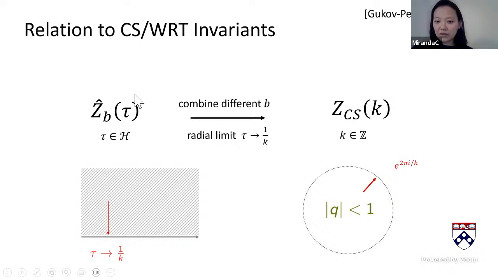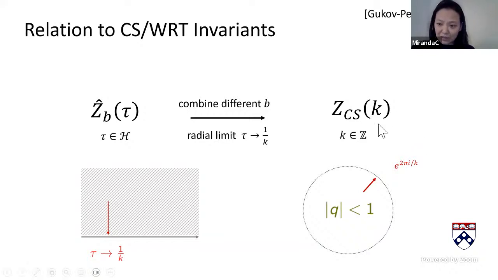Namely, the variable tau for the half index, which we'll call the z hat invariants, should approach 1 over k, where k corresponds to the normalized level of Chern-Simons. It's normalized, so there you don't have the plus minus 2 and so on.